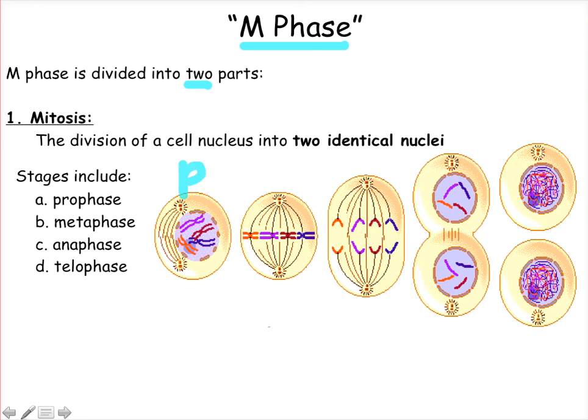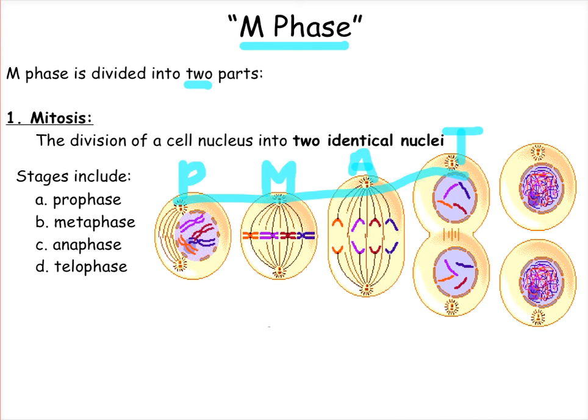This one here is going to be prophase, metaphase, anaphase, and telophase. People tend to remember the acronym PMAT to remember the order of the phases of mitosis. We will describe what occurs in each of these phases in more detail tomorrow.